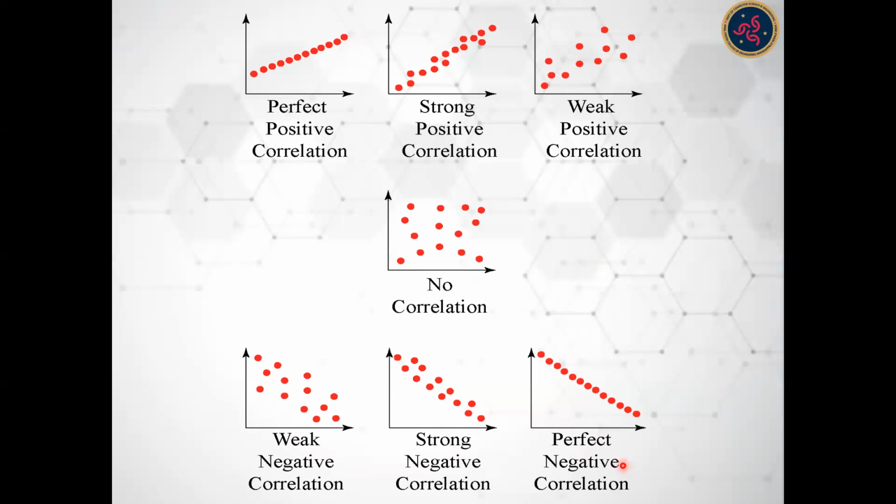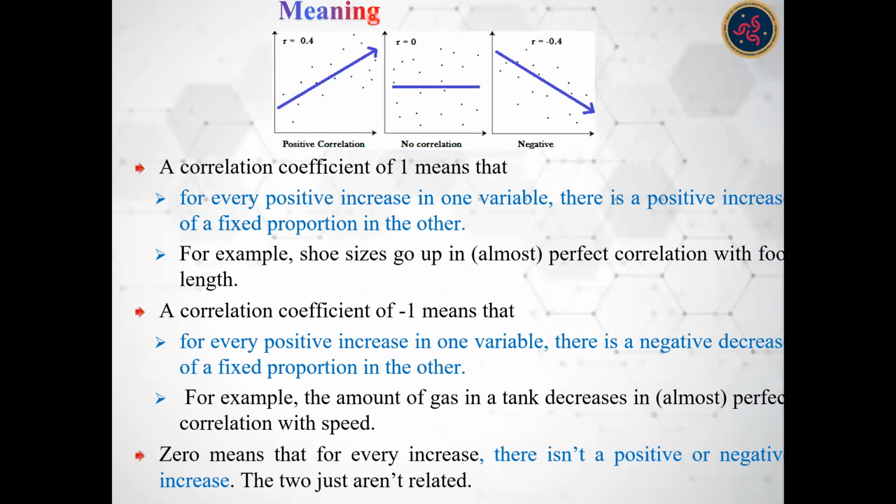Then what does this actually mean? Let us see the meaning of this. If this value is 0.4, that means it is a positive correlation, right? If the correlation coefficient is 1, that means it is a perfect positive correlation. That is, when one value is increasing, the other value may also increase proportionally. For example, shoe size goes up in perfect correlation with foot length, right?